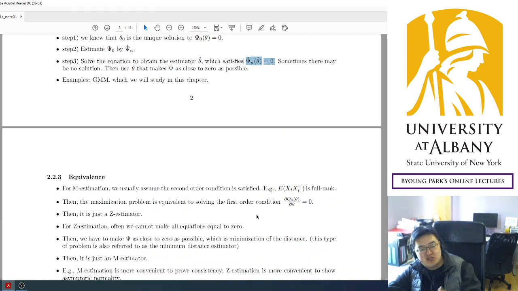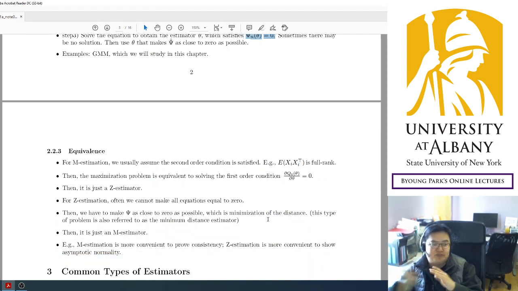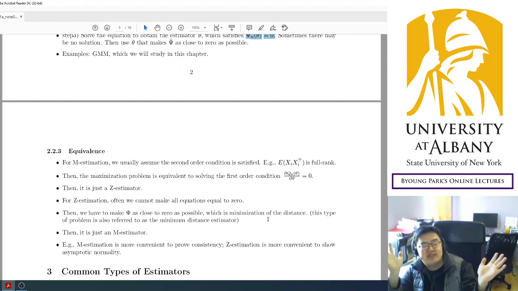Then minimizing a square is M estimation. So in that sense, M estimation and Z estimation are mixed up in some cases, and it helps you to understand, to see what is the underlying framework of an estimator. That is why I'm introducing you to those concepts.